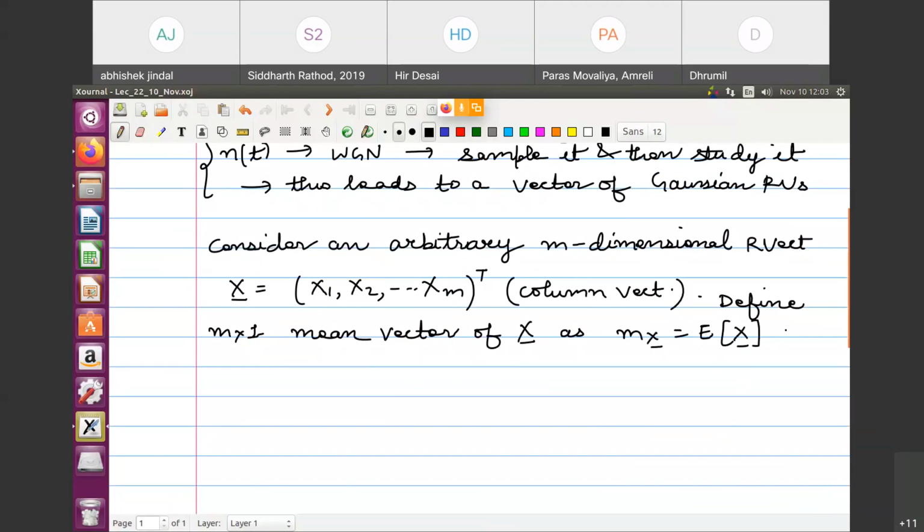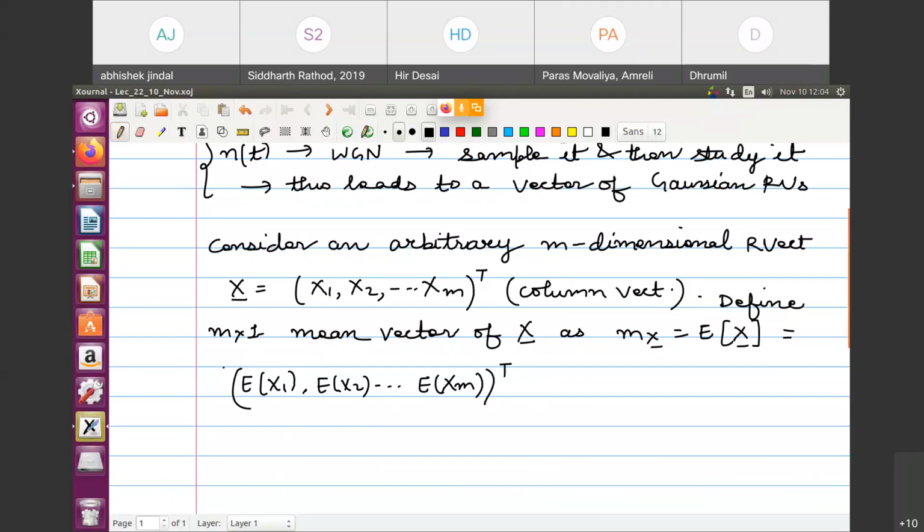The way to do it is to take this expectation of each of the elements. So this is defined like this: expectation of x1, expectation of x2, and this goes on up to expectation of xm, and then you take the transpose. I think I should use this bracket as a curly one only. So this is the way you will define the mean vector.